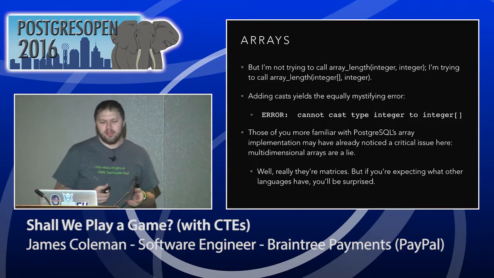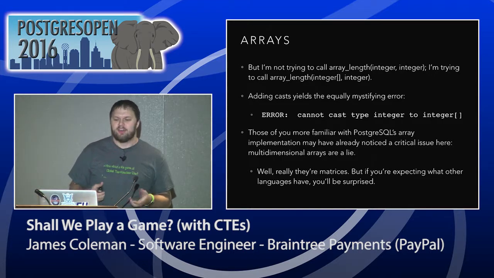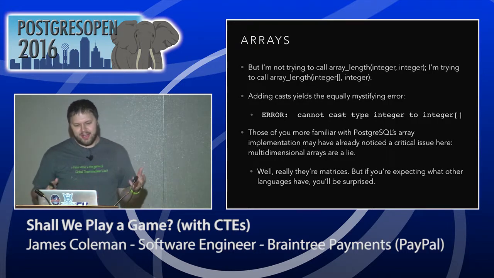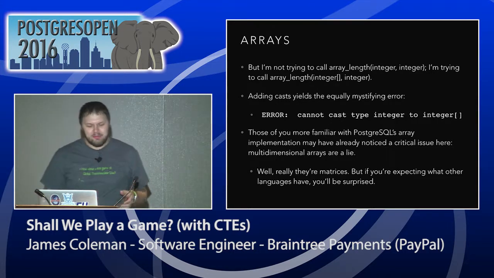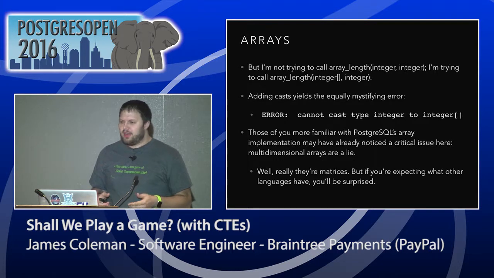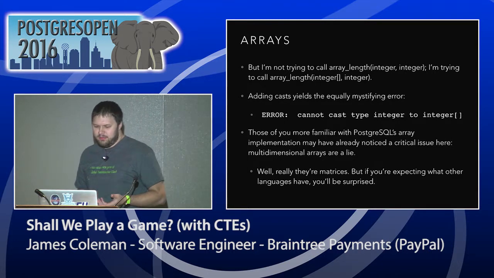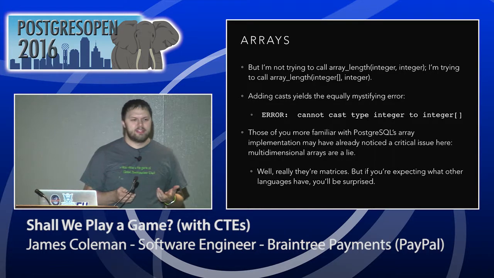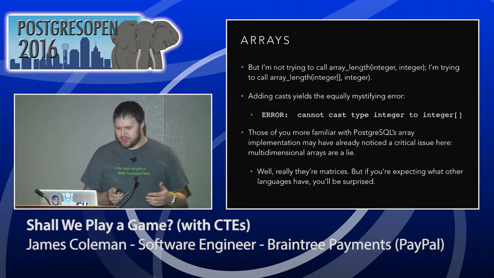Those of you who are more familiar with Postgres' array implementation may have already noticed a critical flaw here. Multi-dimensional arrays are a lie. Well, really, they're matrices. But if you're expecting what other languages have, you'll be unpleasantly surprised. Essentially, each subarray in a nested array needs to have the same size as the other subarrays.